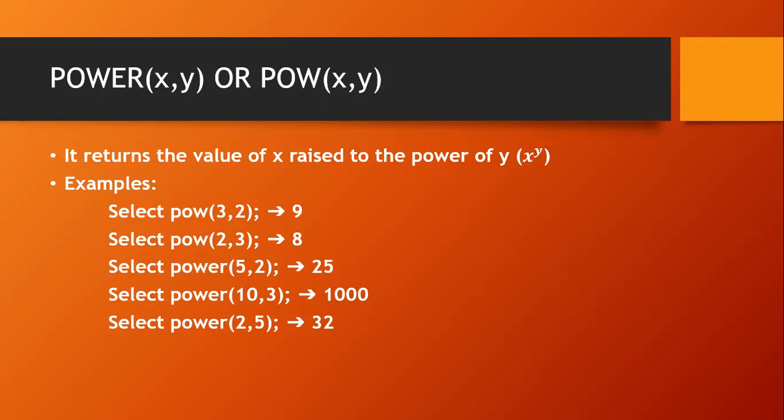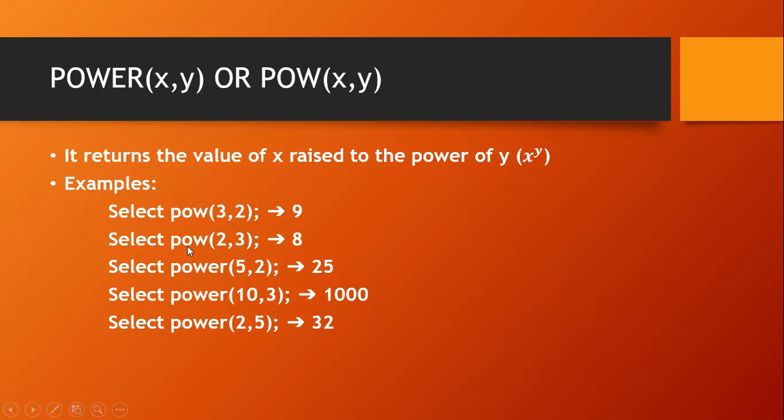What does it return? It returns the output as 9. What does it mean? The first number is to be multiplied 2 times, that is 3 into 3. It returns the output as 9.